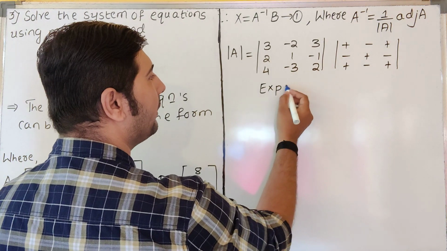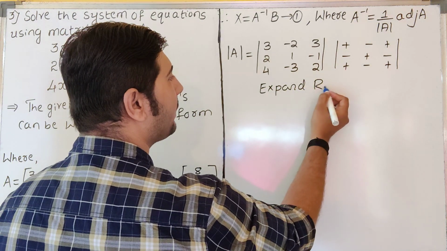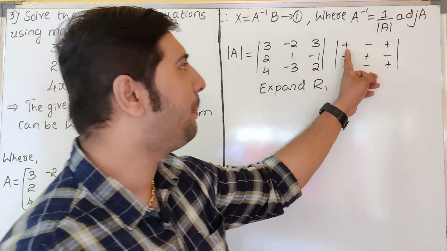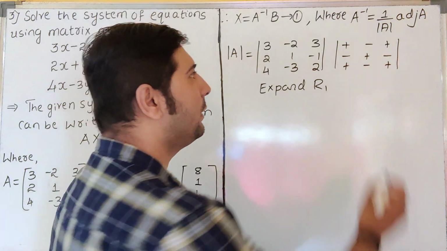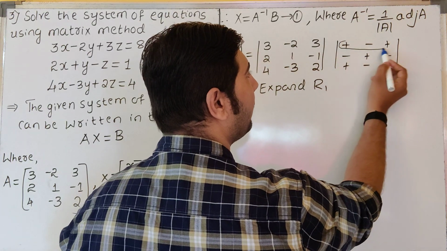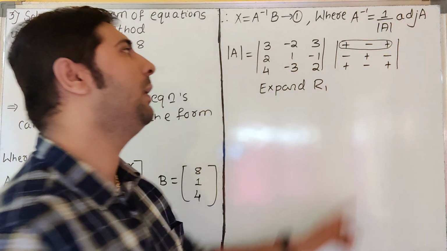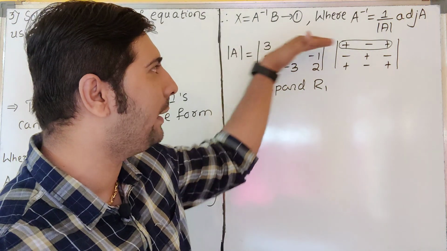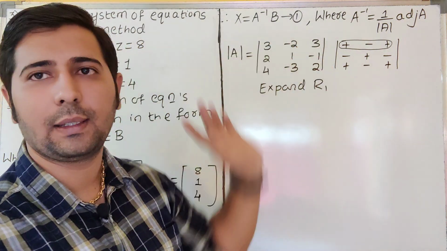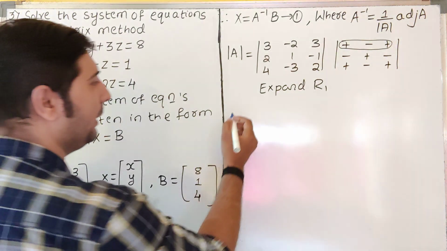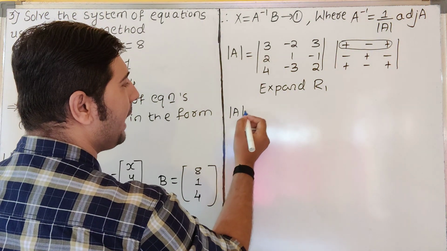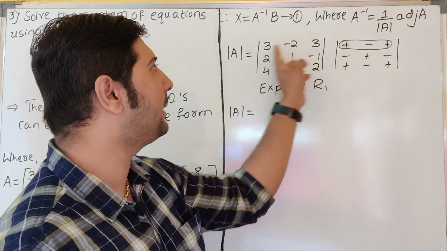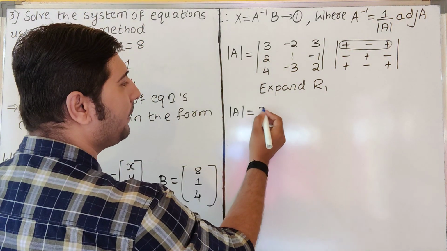Expand R1. See here, how to expand I will show you. R1 means plus, minus, plus. I am expanding row 1: 3, minus 2, 3. Determinant A I will write as is. Plus into plus, plus 3.